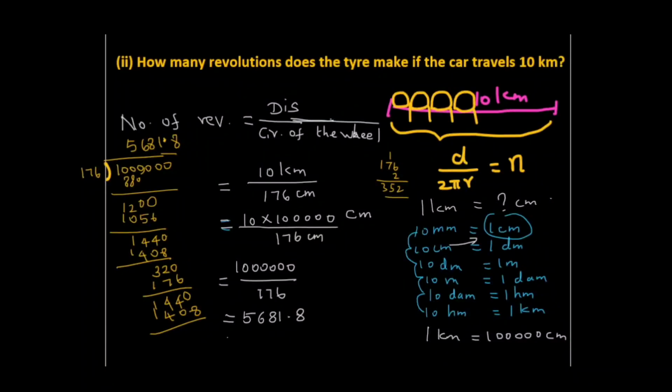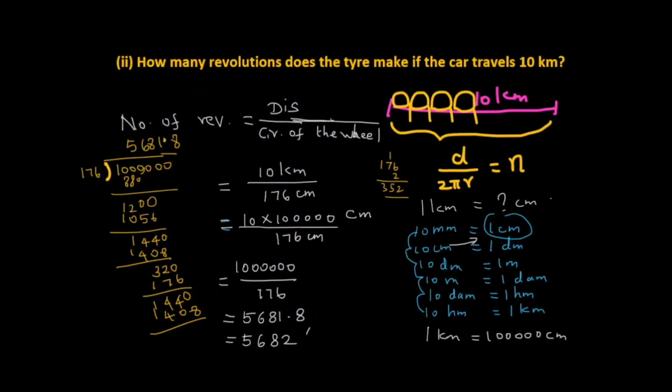So the number of revolutions is approximately 5682. So approximately 5682 revolutions it can make in 10 kilometers.